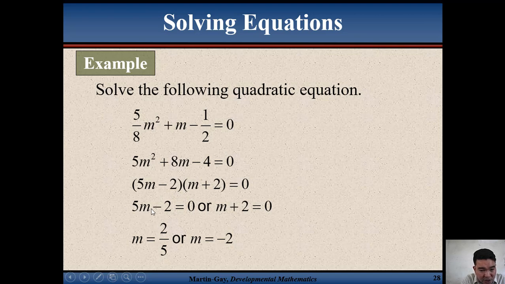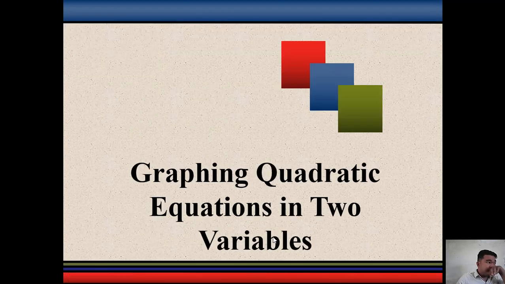Then divide the whole equation by 5 to eliminate the numerical coefficient of 5. So you have m equal to 2/5, or m is equal to negative 2, by simply transposing positive 2 to the right side. So the values of m are 2/5 and negative 2.